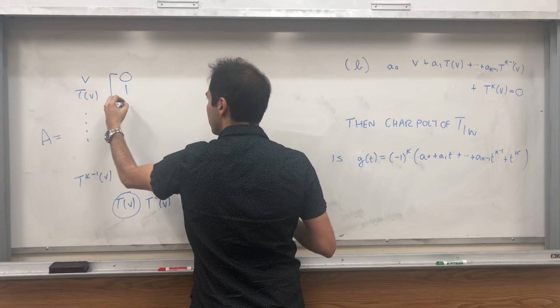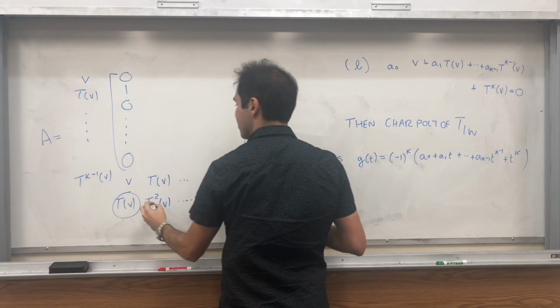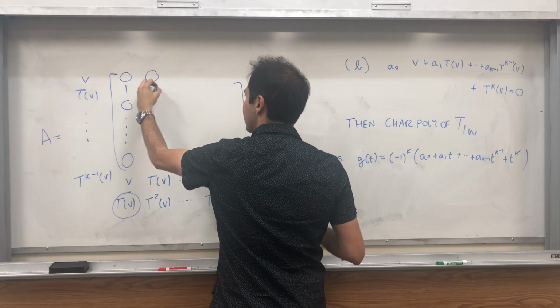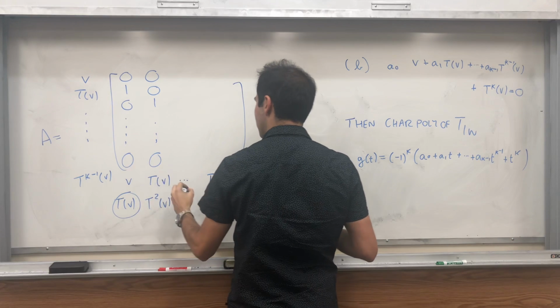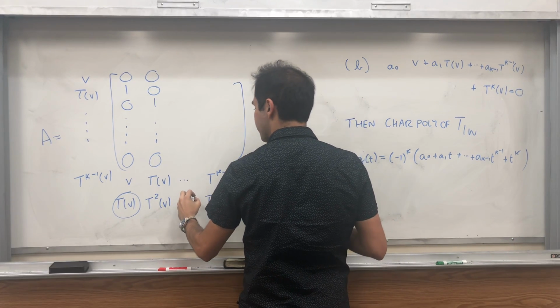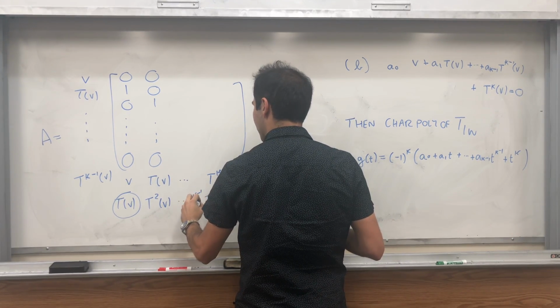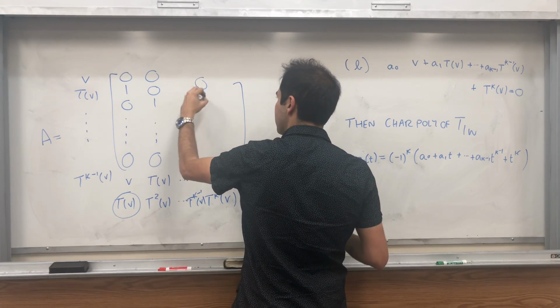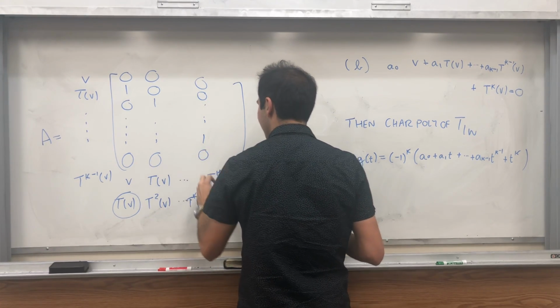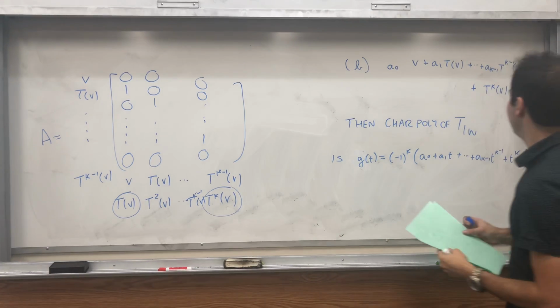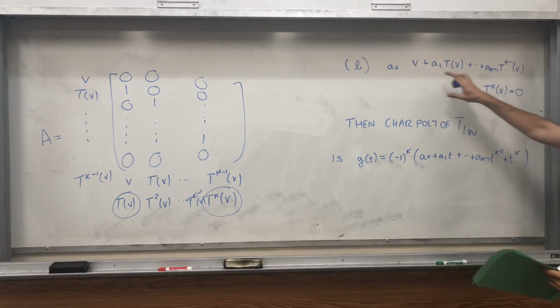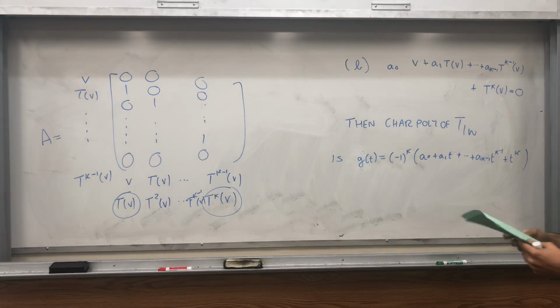Well, 0, 1, 0, a bunch of zeros. T^2 v: 0, 0, 1, ..., a bunch of zeros, up to this step when you have T^{k-1} v. So 0, 0, ..., 1, 0. And what about T^k v? Well, notice T^k v is minus all those things.